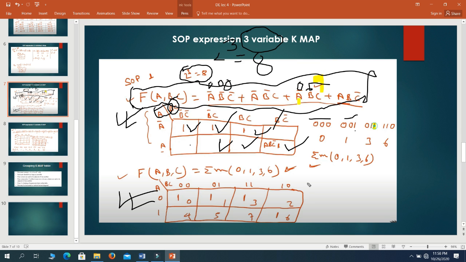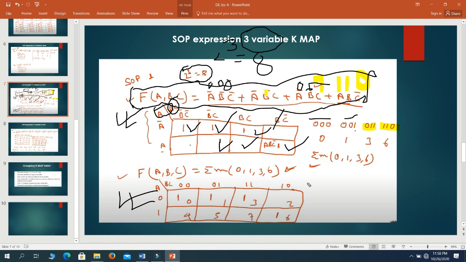This is what I have written down here. The last term is A, B, C bar. A is represented with 1, B is represented with 1, and C bar should be represented with 0. So 1, 1, 0 is the value that we have.